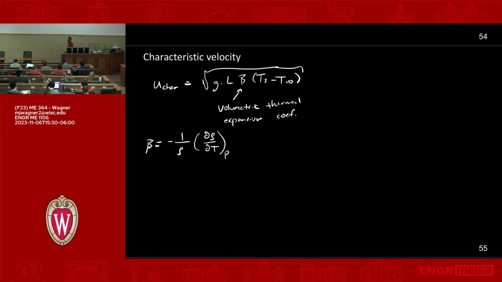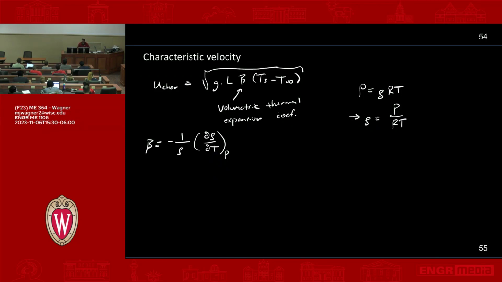If you can get past the PDE part of this, what it's basically saying is: how does temperature affect the density of my fluid? To think about this more concretely, we can plug this into the ideal gas law. P is equal to rho times R times T. Solving for rho, I get rho equals P over RT.